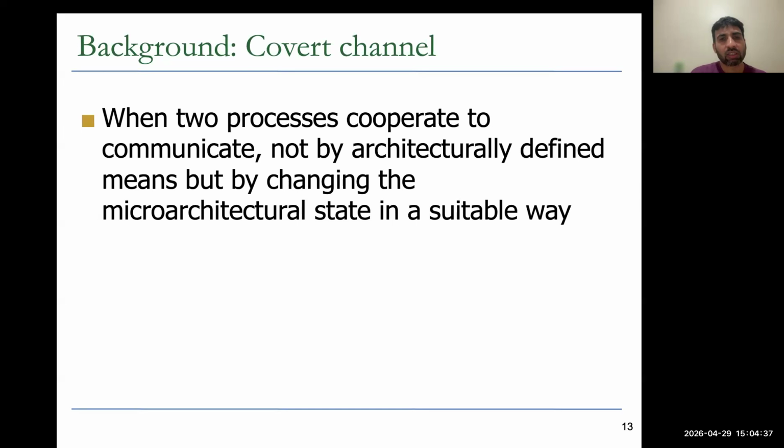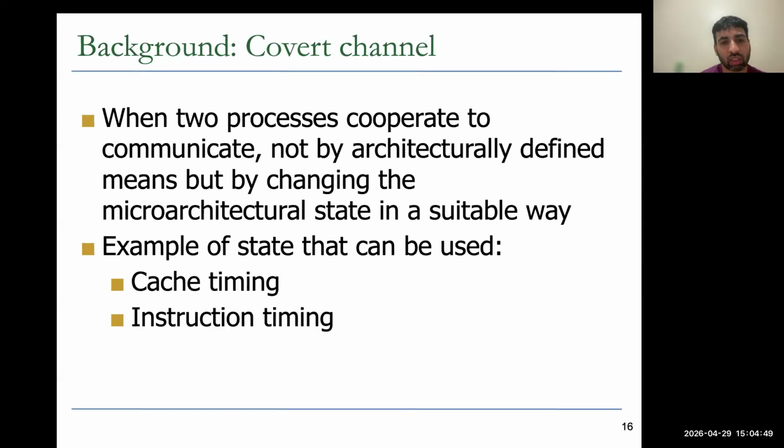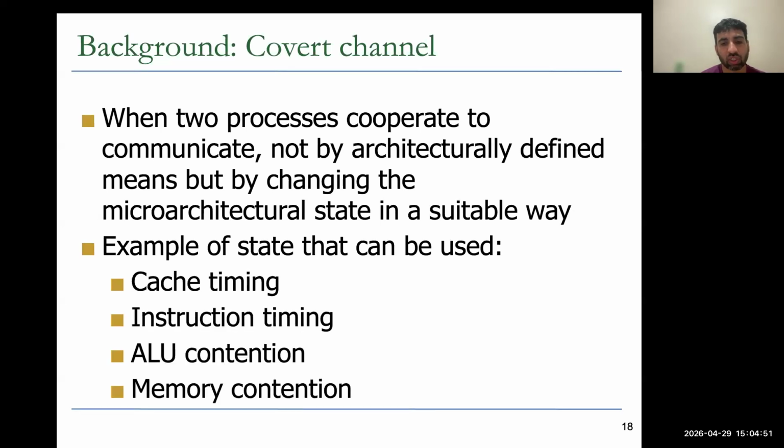As a result, this abusive use of the architectural components breaks the process isolation. Examples of states that can be used as a covert channel are cache timing, instruction timing, ALU contention, and memory contention, right?